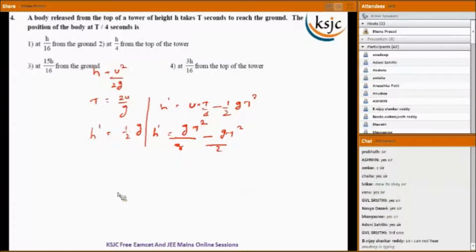Now upon simplification, you will be getting h dash as 15h by 16.